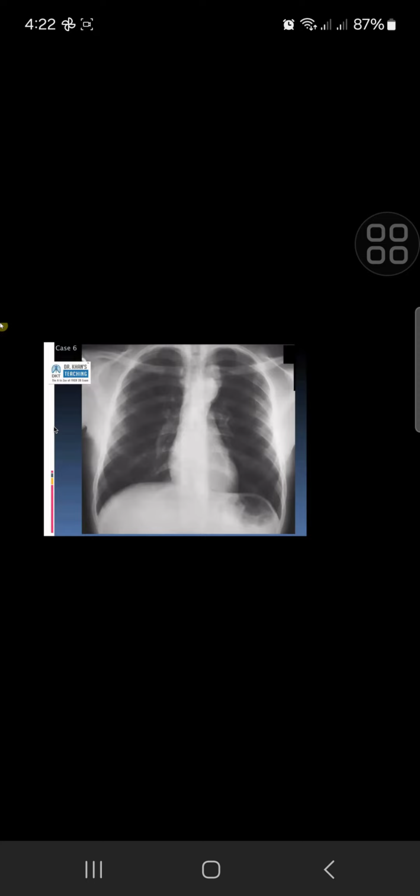I'm just trying to see whether the opacity extends beyond the superior margin of the clavicle, and I don't think it does. So, in summary, this is a widening of the left mediastinum, which would be most in keeping with a left anterior mediastinal mass.